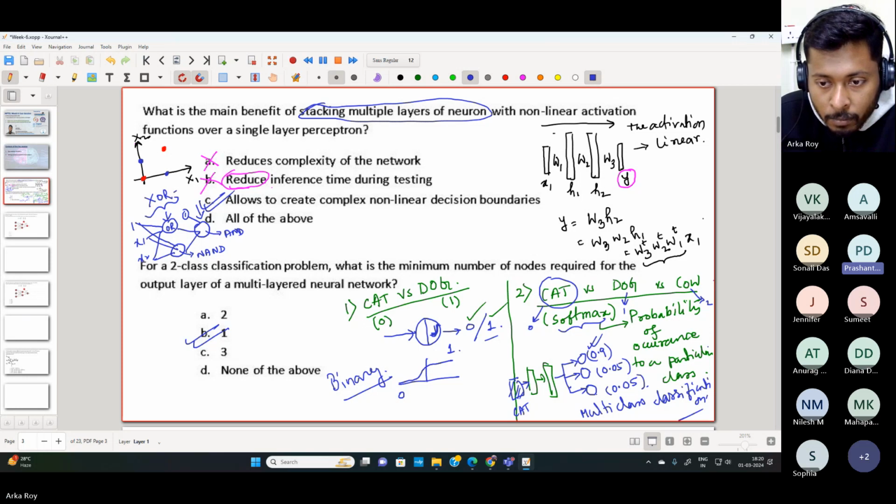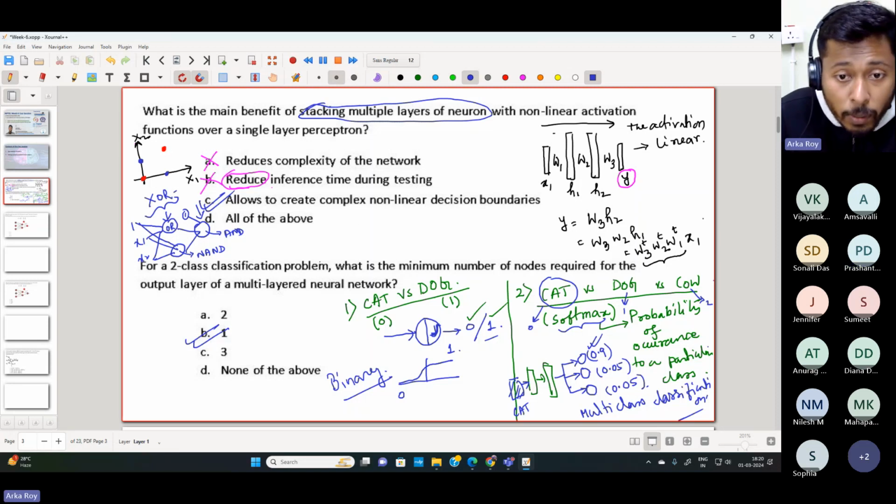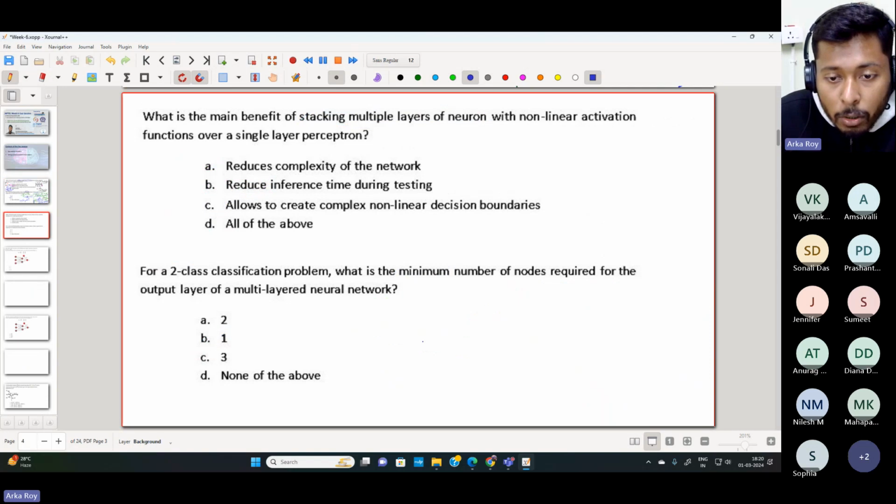Then, sir, when will option 2 hold good? Sorry, option number 1, that is 2. Option number 1. Over here, you can see that minimum is mentioned. Let me take another page. Let's say you have cat dog classification, for instance a binary classification.